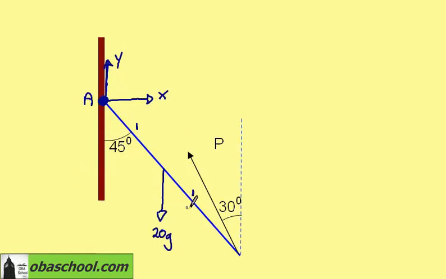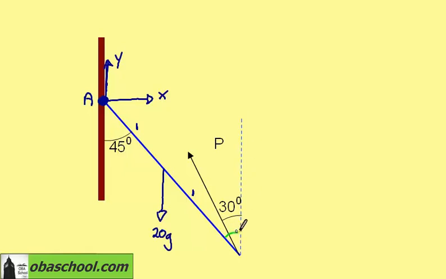In order to take moments about A, it will help to resolve the forces so they're parallel to and perpendicular to the rod. We don't need to do this with X and Y, since these act at A and therefore have no turning effect about A.